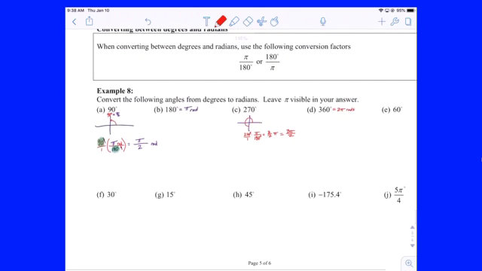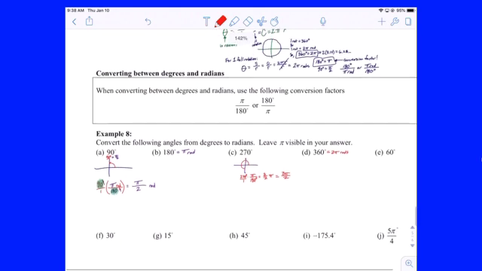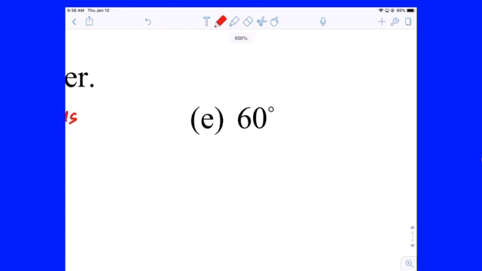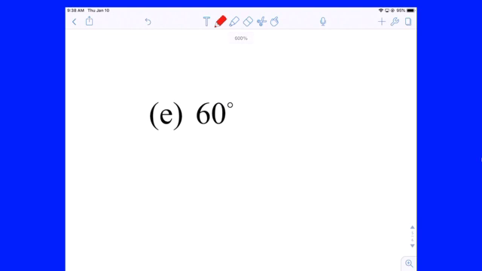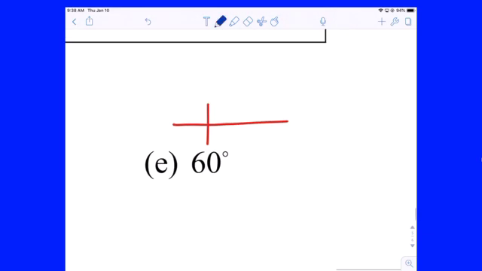All right, let's do one more. Let's do the top row, 60 degrees. Go ahead and do one more, 60 degrees, convert it. This is another one that we're going to end up memorizing. 60 degrees lives somewhere up here.